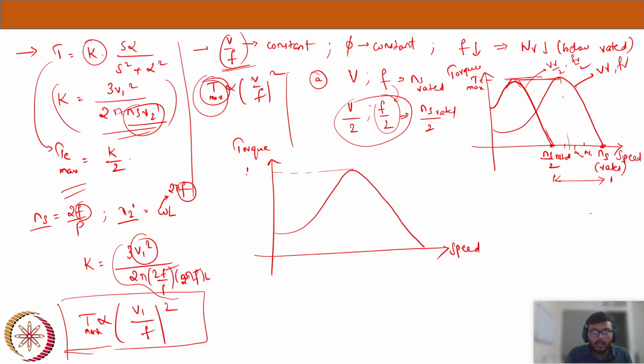This is my T max 1, because the next time it will just change. For the different value of frequency, this maximum torque may not be at this level, maybe it reduced at this level.